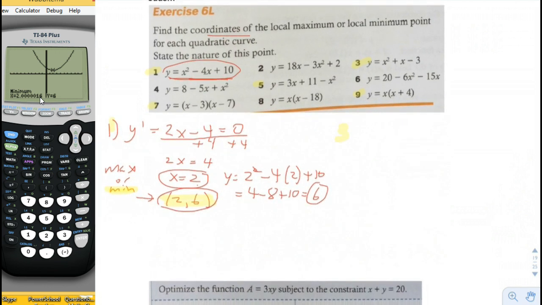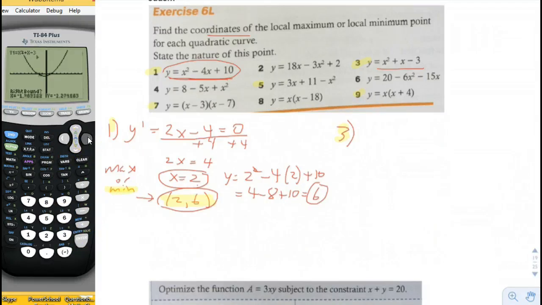And I'm just going to do this with the calculator, okay? So we have y equals x squared plus x minus 3. We're going to program it in the calculator. So here I've programmed it in the calculator, then I graph it. Okay, and there is a minimum point, so we know it's a minimum. We'll do second calc minimum, which is number 3. And we'll say the left bound, we need to move the cursor to the left side of the minimum.